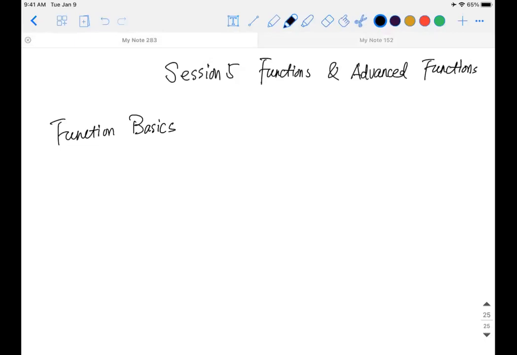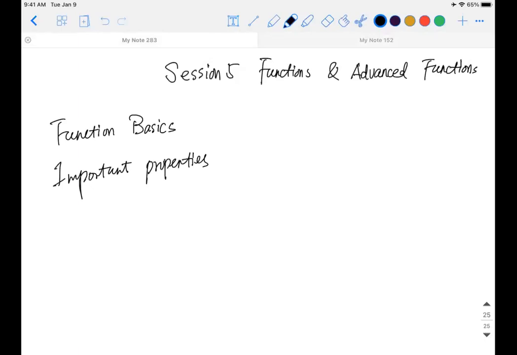And then moving forward, we're going to talk about some very important properties of functions. Namely, we're going to talk about increasing functions, decreasing functions, even functions, odd functions, periodic functions, so on and so forth.